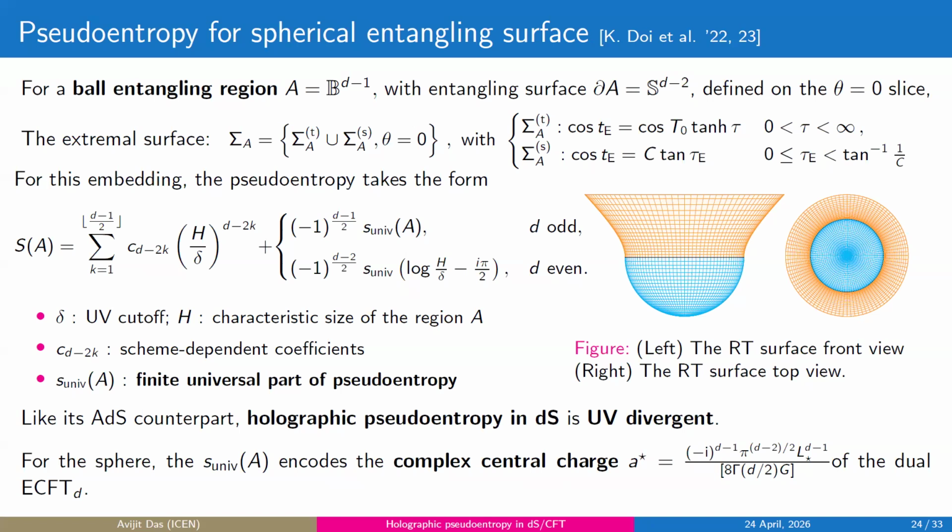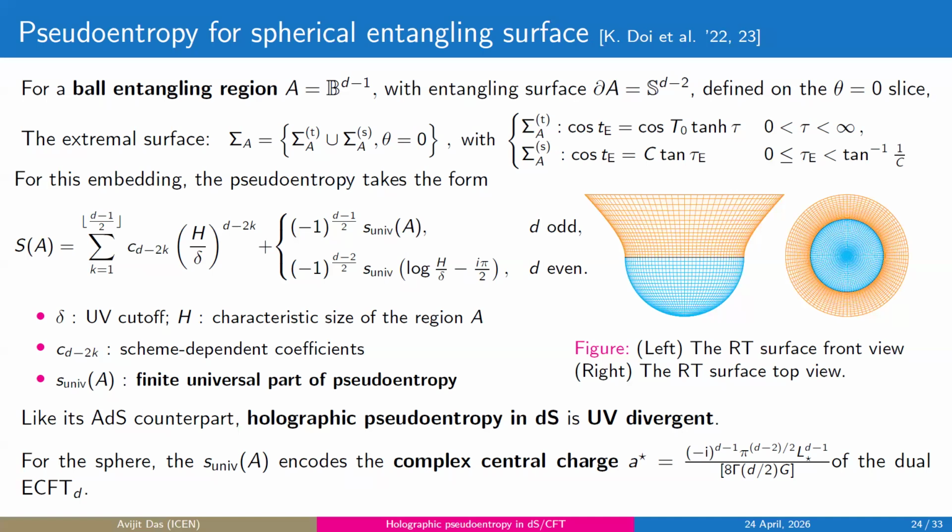Then this extremal surface has two parts. One is the time-like part, which is given by this yellow thing, and then the space-like part, which is given by this blue hemisphere. These are the equations for these two hypersurfaces. So once you have these two RT surface equations, you can calculate the area of these two hypersurfaces, and once you calculate the area, you can divide by 4G to calculate the entropy.